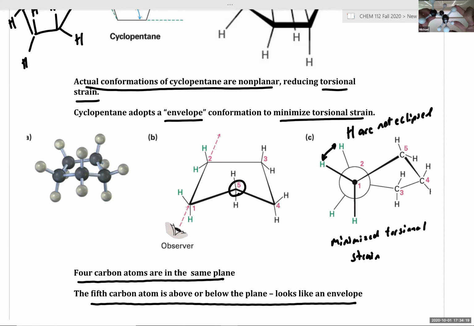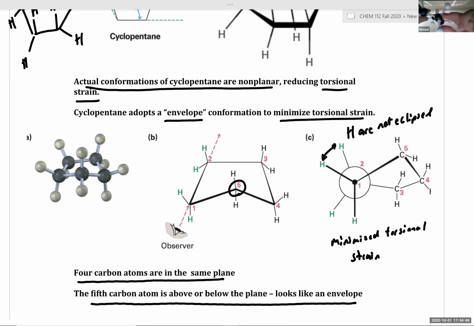Does everyone see the separation in terms of dihedral angle? Does everyone see how these hydrogens are almost pseudo-staggered in a way? This separation between our hydrogens on our adjacent carbons, that's a result of puckering. If I tried to make planar cyclopentane, here's planar cyclopentane, what do we notice about our dihedral angle?